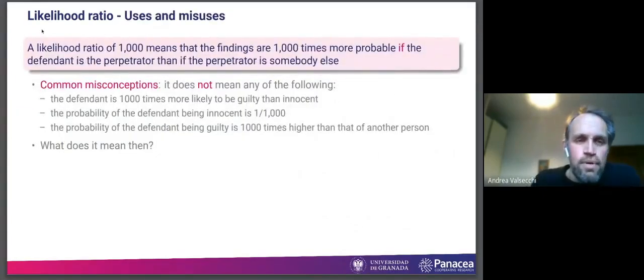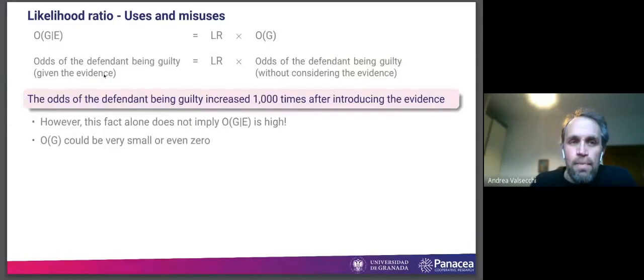Okay, now if we go back to our first definition that we read about the likelihood ratio with the same number, maybe now we can understand what it actually means. I've written down the wrong interpretations, but if we look at the formula, we can see that the odds of the defendant being guilty, considering the evidence, are just the likelihood ratio multiplied by the odds of the defendant being guilty without considering the evidence.